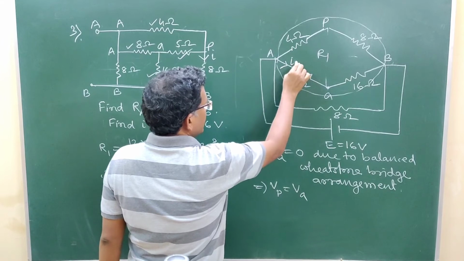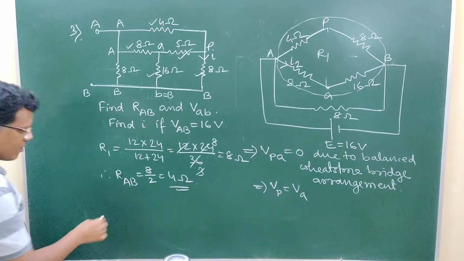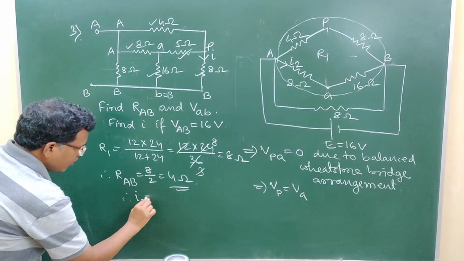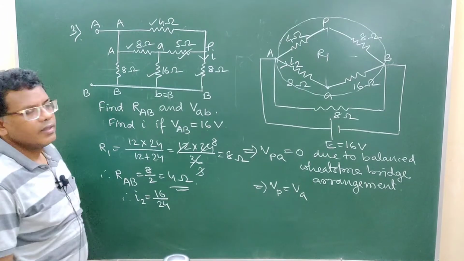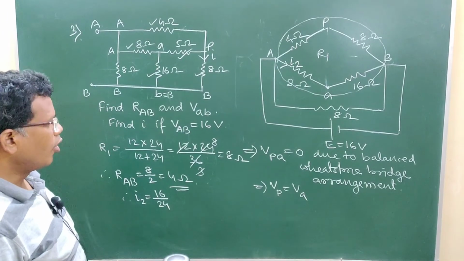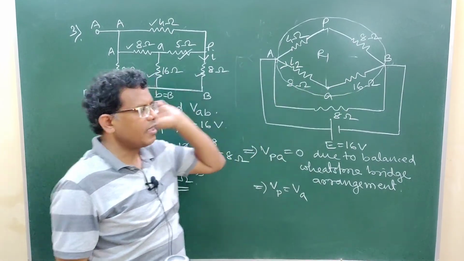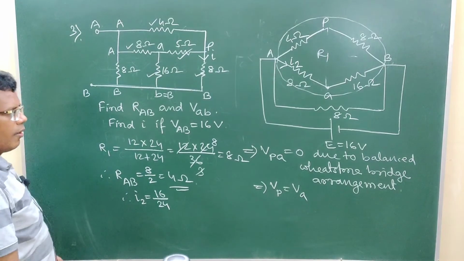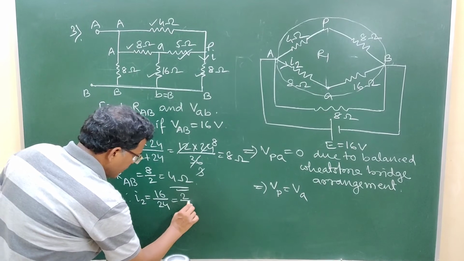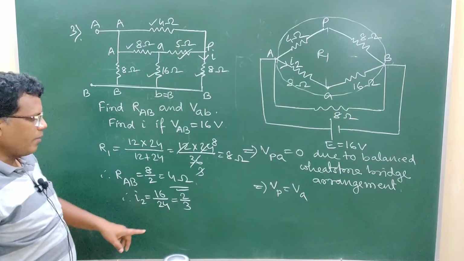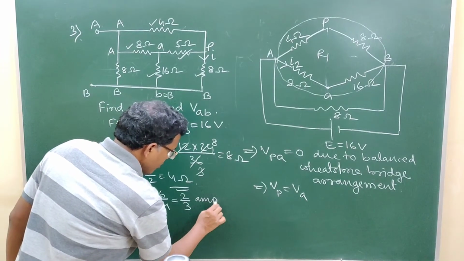So we can consider I2, for example here, I2 in that branch. So that value of I2 will be applied voltage divided by resistance. 16 volt is the applied voltage divided by the resistance in this branch. So that will be equal to 2 by 3. 16 by 24 will be 2 by 3 ampere.